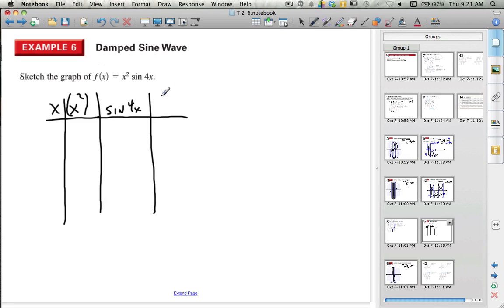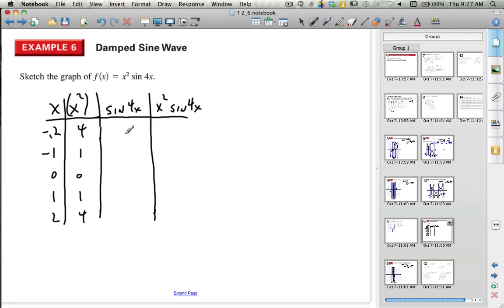And over here, the one I'm actually going to want to graph, the x squared times sine of 4x. So what I'm doing is I'm just trying to make this a little easier. I'm going to just do 5 points here, similar to what we would do with a quadratic function. And when I take -2 and I plug it in here, I'm going to get 4, I'll get 1, I'll get 0, I'll get 1, and I'll get 4.